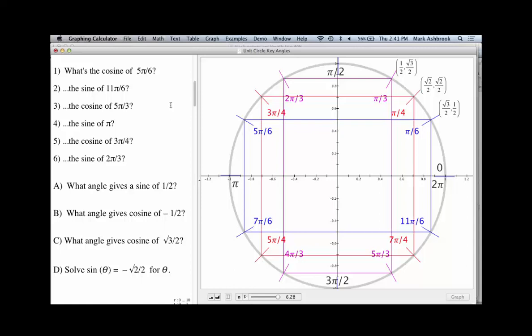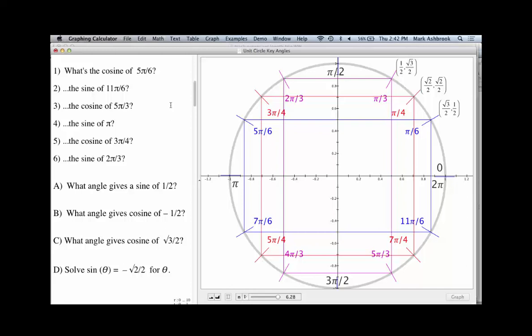So that's 11 pi over 6, that would be, yeah, the first. Cosine should be positive and sine should be negative. But it should be the same absolute value. It should be pi over 6, but the cosine is negative. The same values of sine pi over 6.